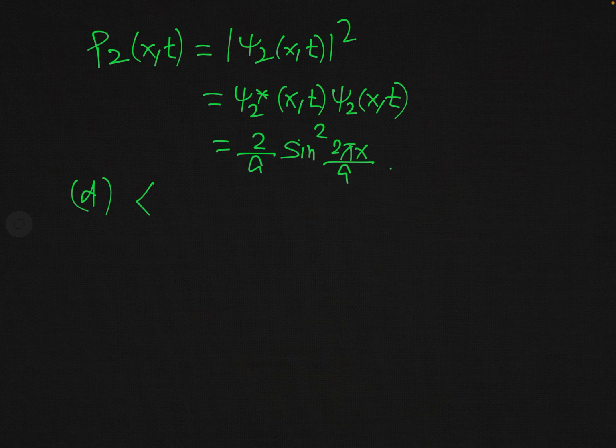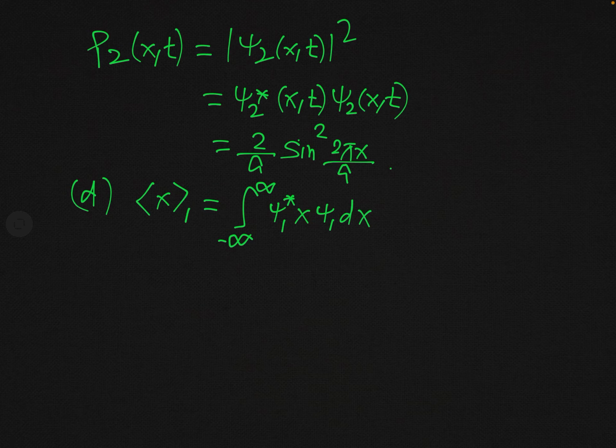So the expectation value of x in the ground state is in fact equal to the integral from minus infinity to plus infinity of psi 1 star times x times psi 1 dx, because you know that this function psi 1 of x is normalized.